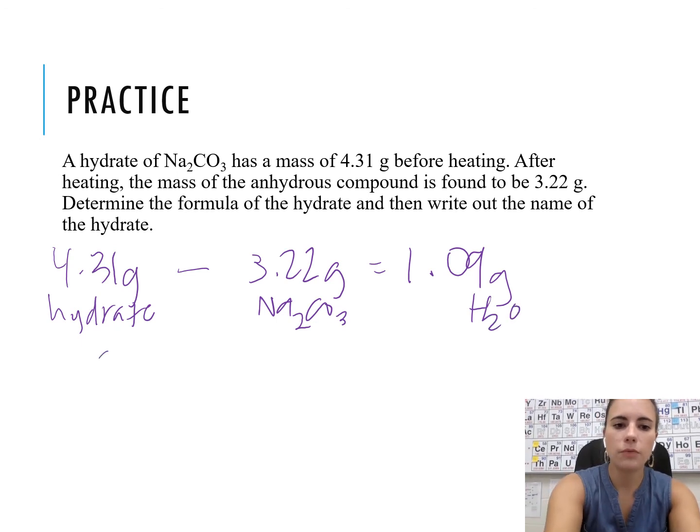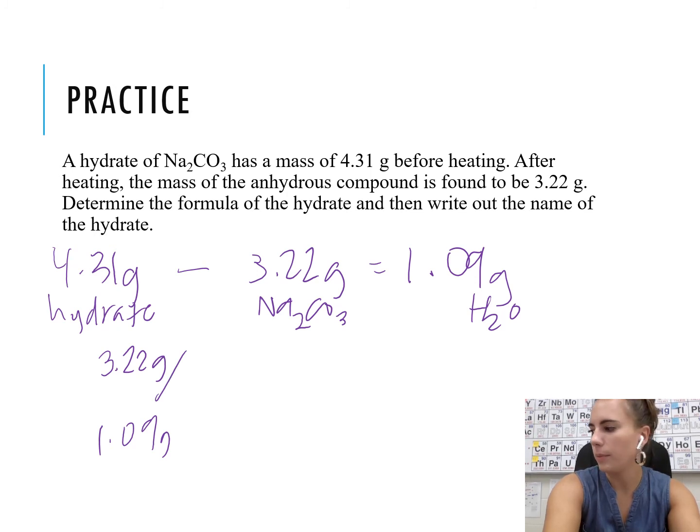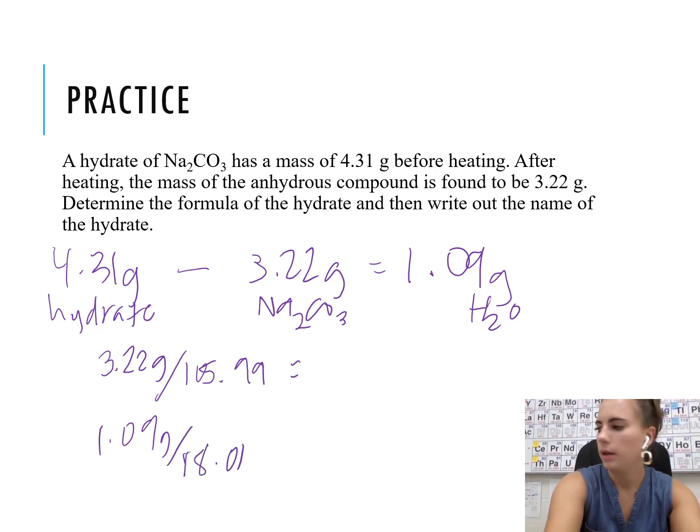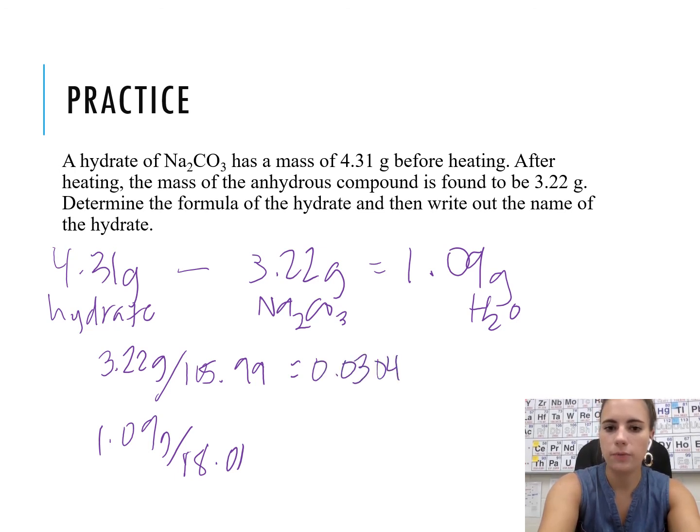So now I'm going to convert each of these to moles, which means I'm going to divide them by their molar mass. The molar mass of sodium carbonate is 105.99. Molar mass of water is 18.01. And I get 0.0304 moles of sodium carbonate.